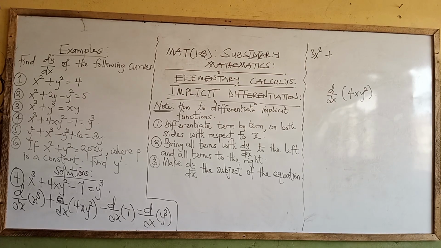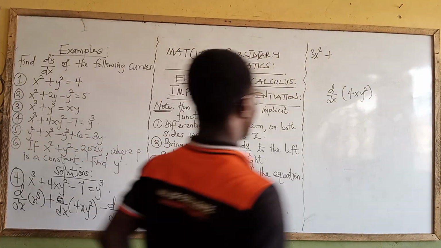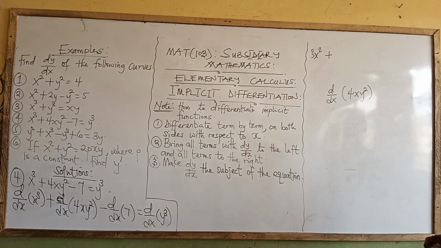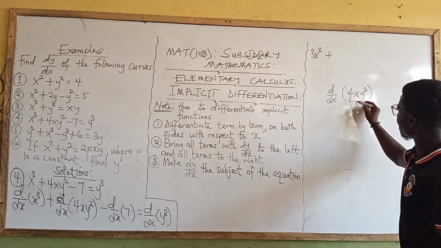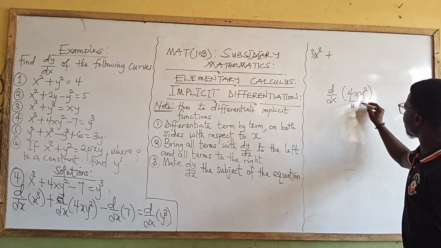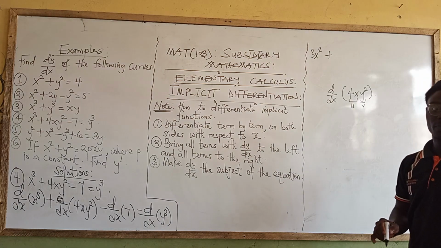All right, so let's see d/dx of 4xy squared. Let's see that again. We are differentiating 4xy squared with respect to x. So I take this as my u, then I take this as my v, right?